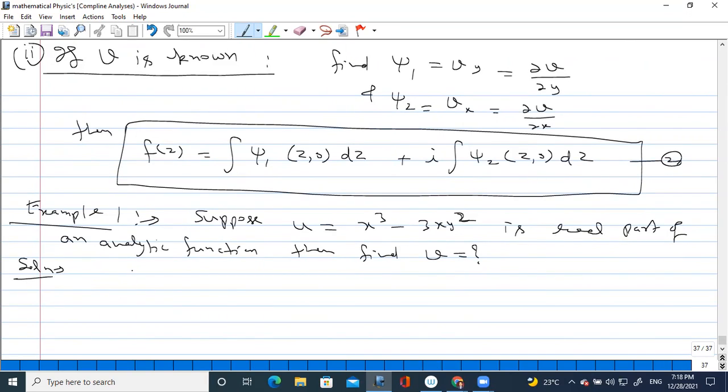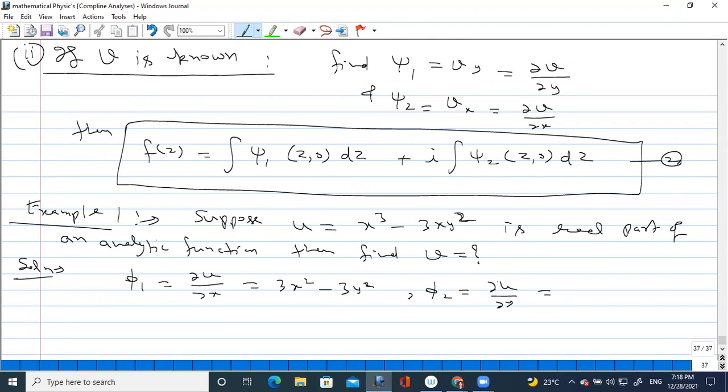So in this method, what I told you, first find phi1. Phi1 will be del u by del x. So del u by del x is 3x square minus 3y square. Okay, so then you find phi2. Phi2 will be del u by del y.